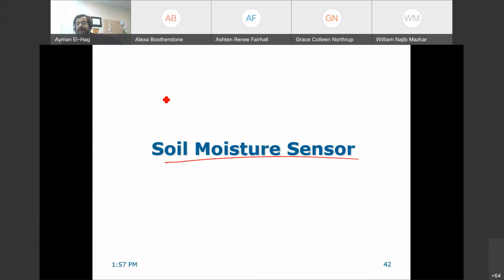Again, you will have a capacitive sensor here, and when you have soil that is dry or soil that is wet, the difference will be like this. Soil is a dielectric material, so the epsilon r for the soil is between 2 and 5, and in between there will be air, so epsilon r of air is equal to 1.